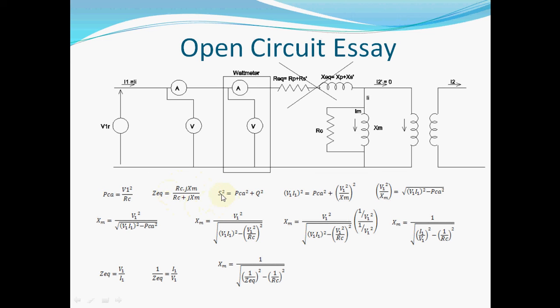The apparent power supplied to the transformer, squared, is equal to the square of active power plus the square of reactive power.